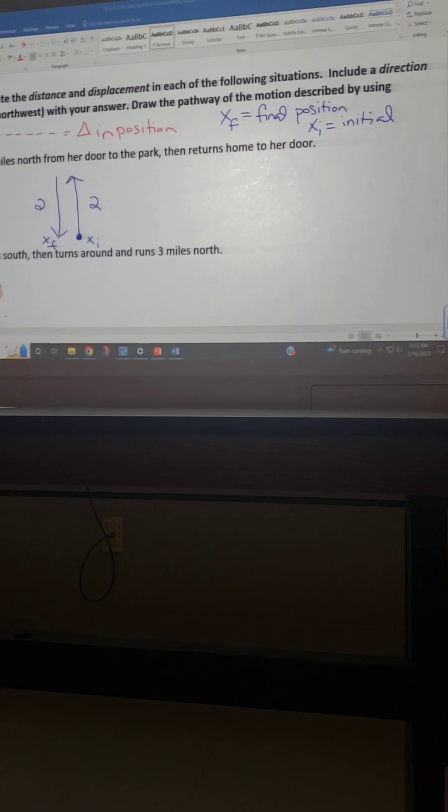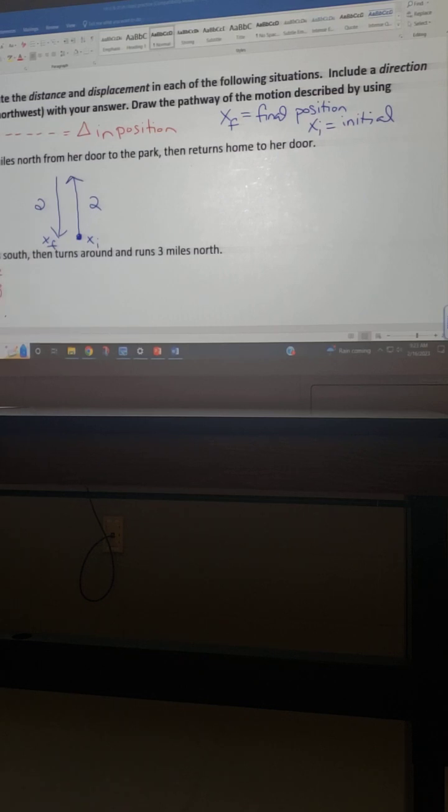Notice how these arrows are not just lines, they're actual arrows. They are showing the direction of the motion. So this is my beginning position. This is my final position.